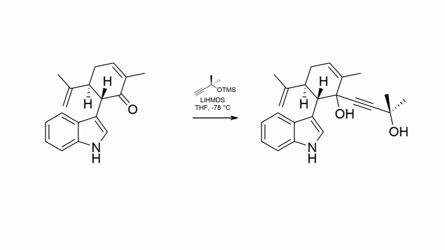If you have ever heard of LDA, it's very common as well. Usually we do those reactions at low temperatures to make them, first of all, more kinetically controlled, and second of all, safer. You don't want your reaction flask to explode. So that's why. And the mechanism follows like this.